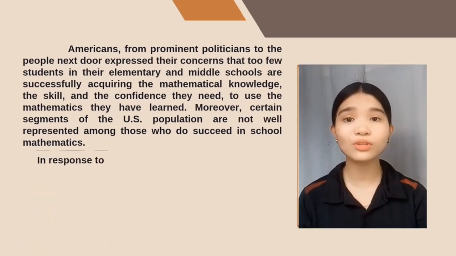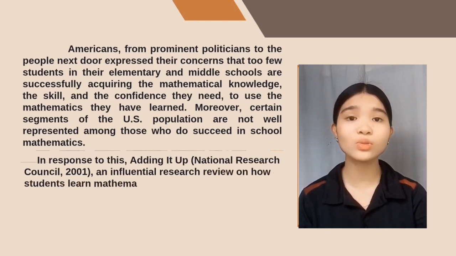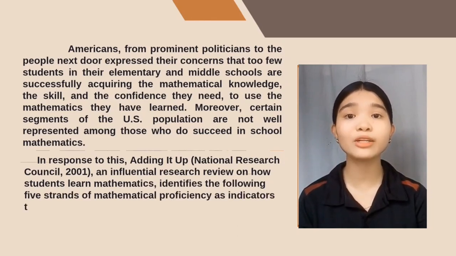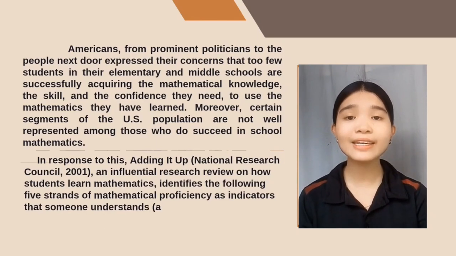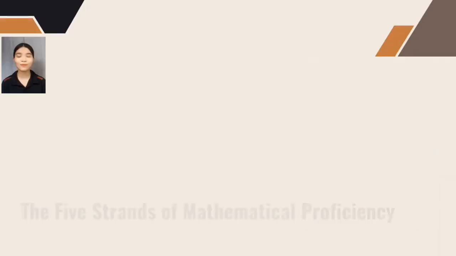In response to this, Adding It Up, National Research Council 2001, an influential research review on how students learn mathematics, identifies the following 5 strands of mathematical proficiency as indicators that someone understands and can do mathematics.